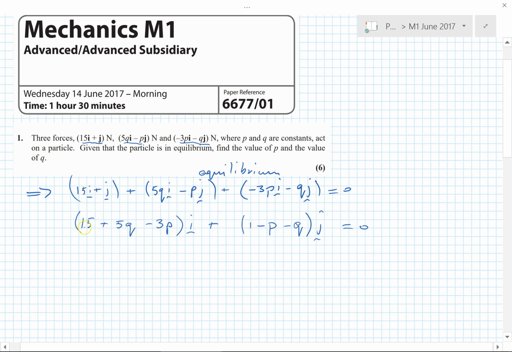So we have 15 plus 5q minus 3p equals 0. Let's rewrite that as 3p minus 5q equals 15. And this one, 1 minus p minus q equals 0, so p plus q equals 1.